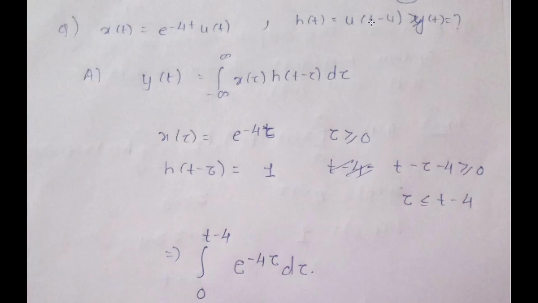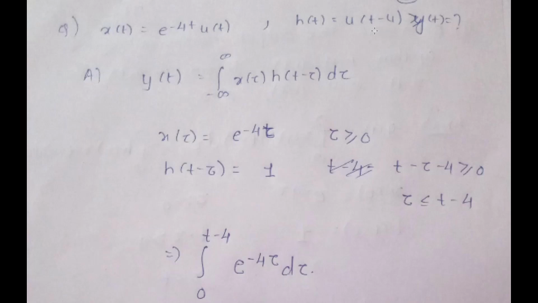Since my t is equal to t minus 4, therefore it will be t minus 4 greater than 0. Now replacing my t with t minus tau, I'll get t minus tau minus 4 greater than or equal to 0. I repeat, my h of t is given as u of t minus 4. So basically it's a step signal, therefore my value is 1. Then I have the value of t minus 4.